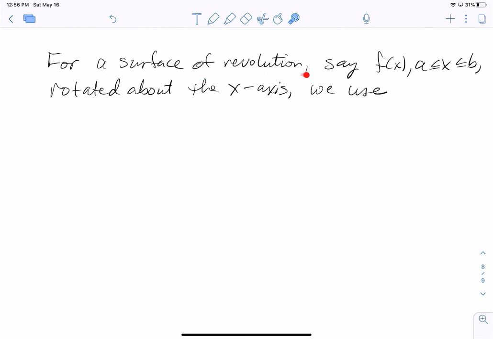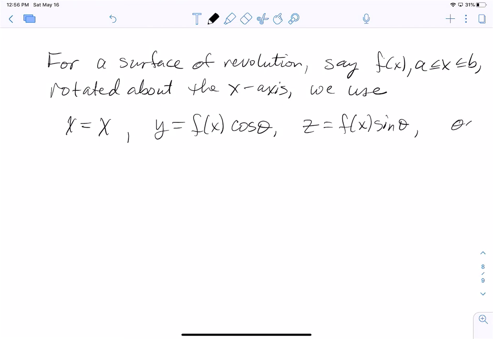For a surface of revolution, say y equals f(x), x going from a to b, where the curve is being rotated about the x-axis, we use as the parameters x equals x, y equals f(x) cosine theta, z equals f(x) sine theta, and we let theta go from 0 to 2 pi. This should bring to mind r cosine theta, r sine theta, where our r is variable and depends on the function value f(x).